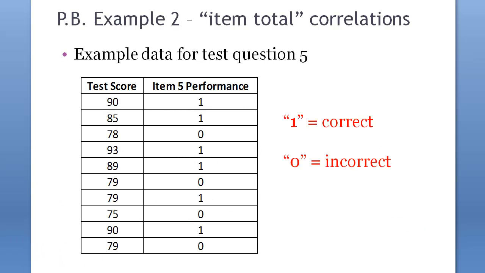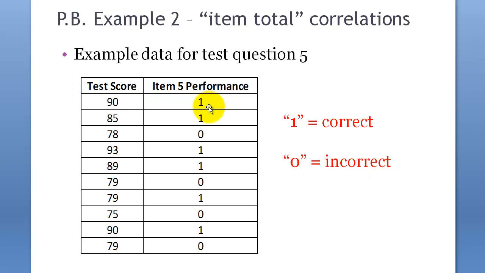So for example, you run this point biserial correlation on question 5 on the exam, and some people did it right and some people did it wrong, and we use 1 for a correct answer and 0 for an incorrect answer.